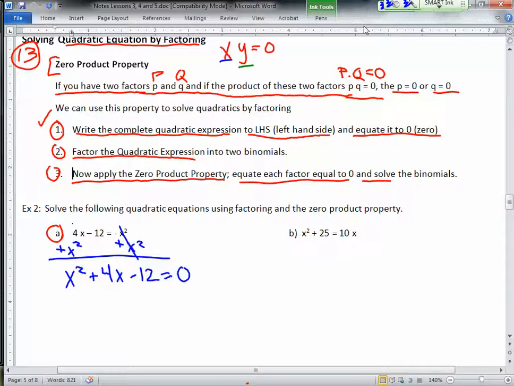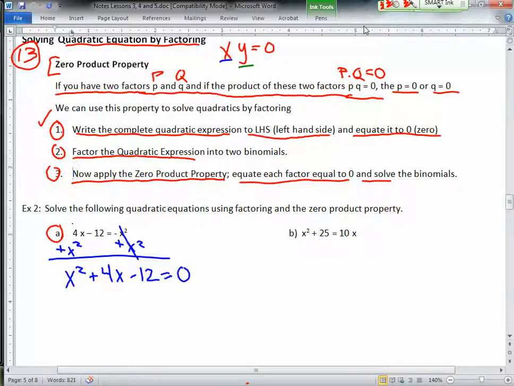All I did was move this x squared over to the other side by canceling it out of the right side. Good so far?